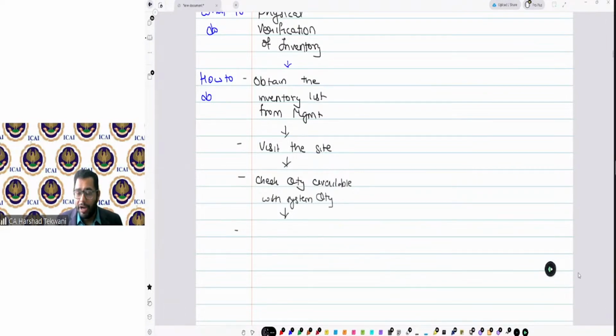Verify the sample box is ready for dispatch. Good. Verify inventory, like check quantity available with the system quantity. Coordinate with the person who is doing the same. If I talk about coordinating with the person, then I need to contact the person and decide how the physical verification is done, what the scenario is and everything.